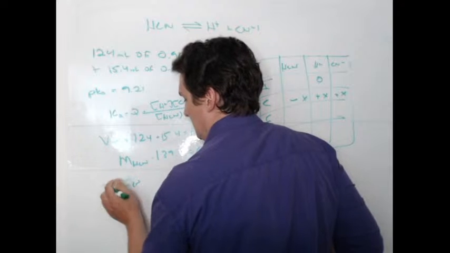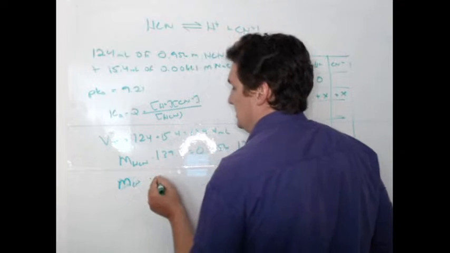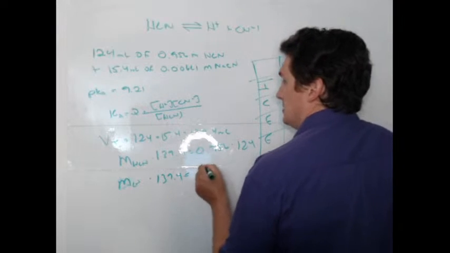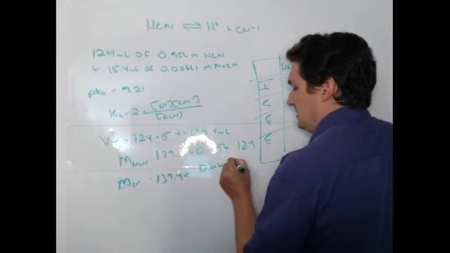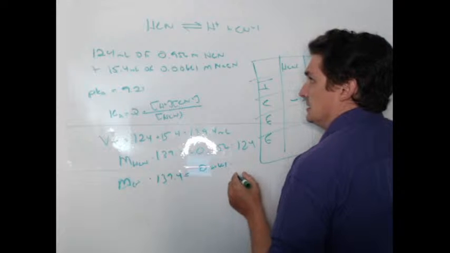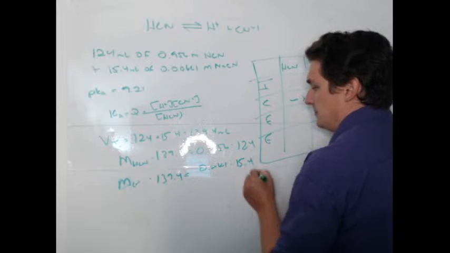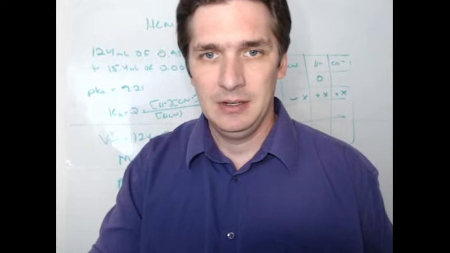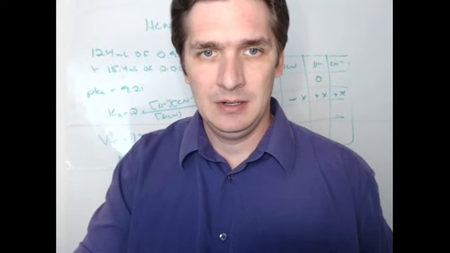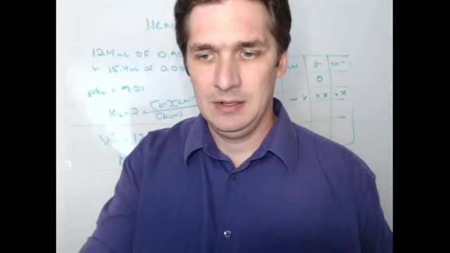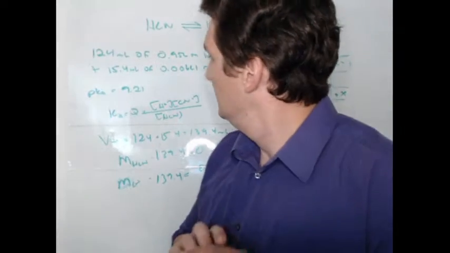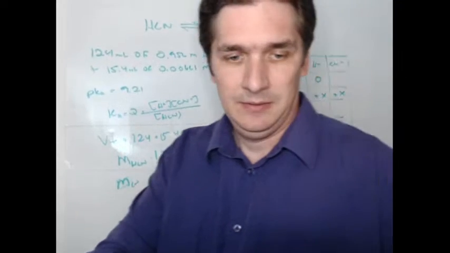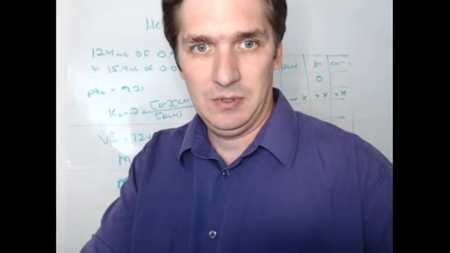The molarity of the cyanide uses 139.4 for the total volume because they're together, times 0.00661 times 15.4 mL. Let me work that out really quick.